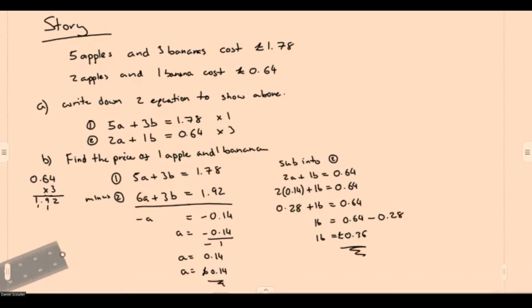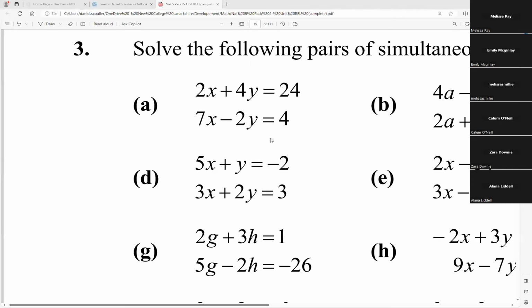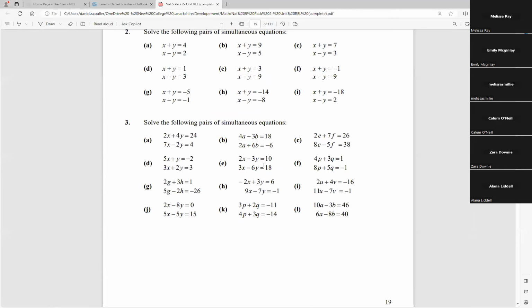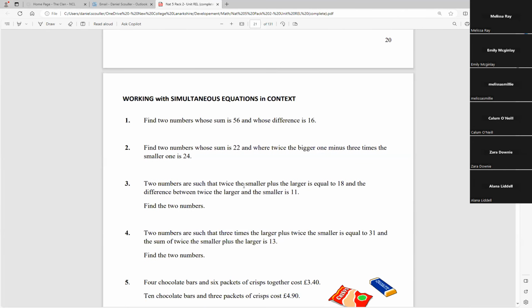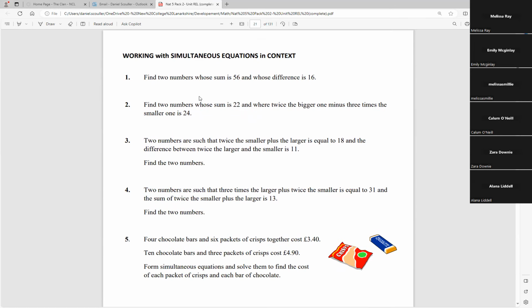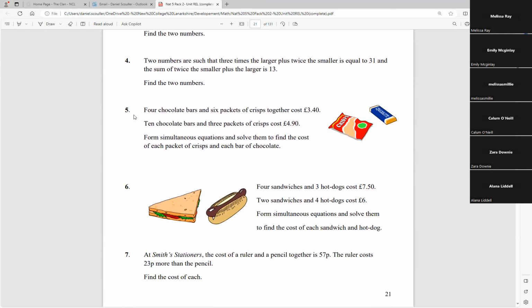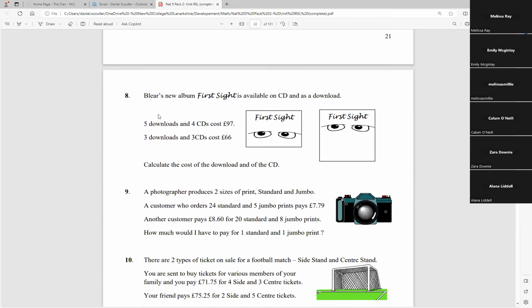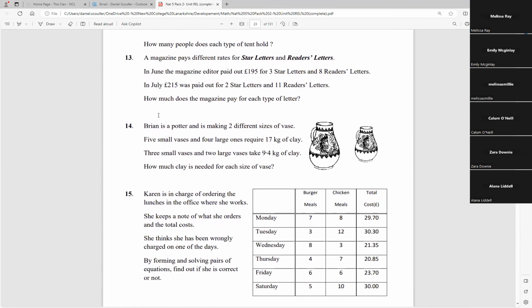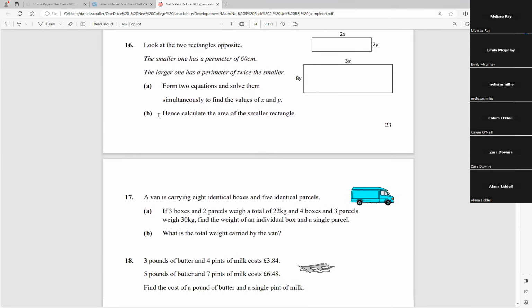If you have a wee look at the booklet, have a wee go at these story questions, working with simultaneous equations in context. The first two are more confusing than helpful, to be honest, but from 5 onwards, these story questions are quite similar to what you might expect.